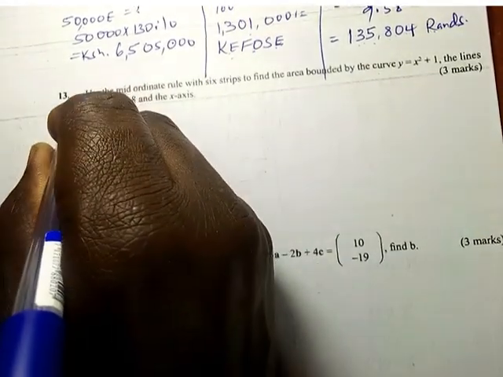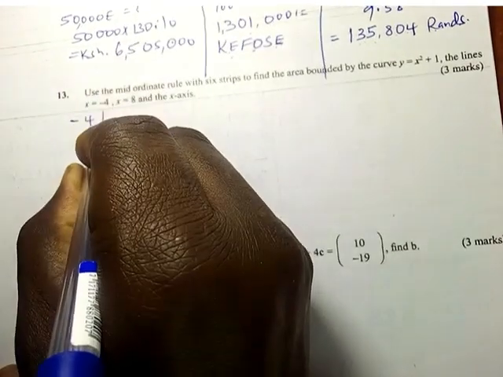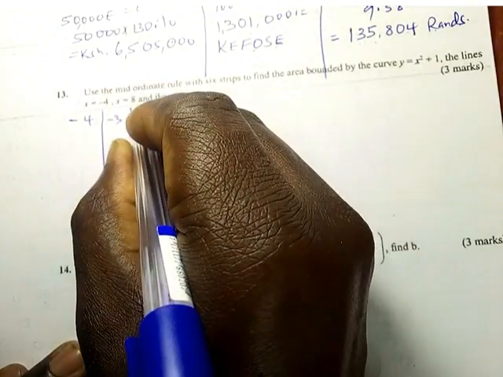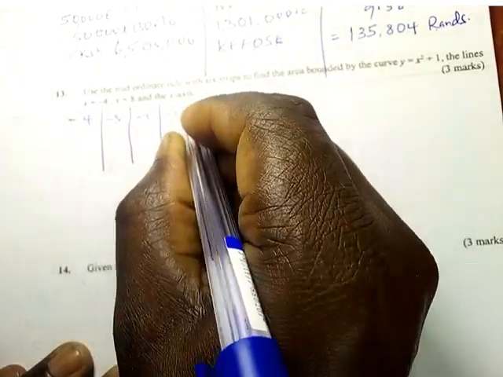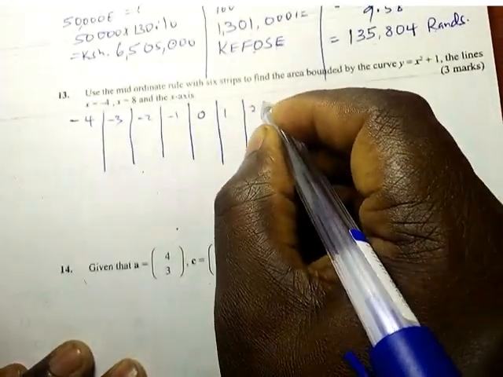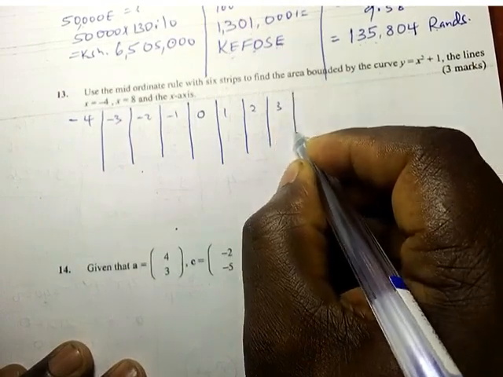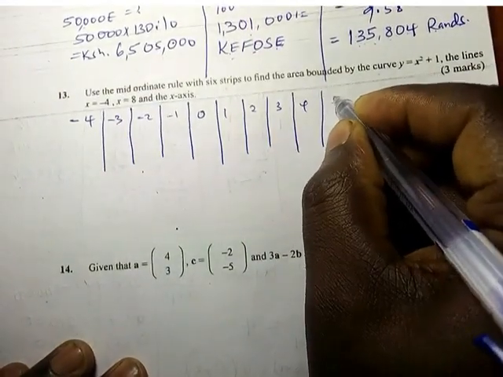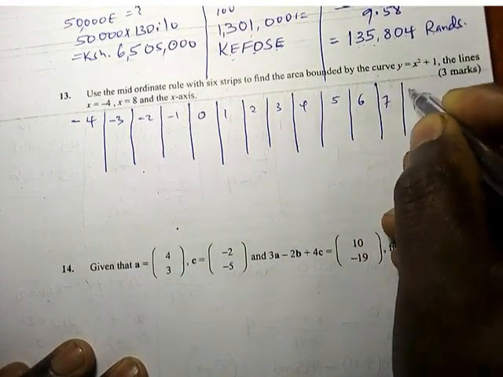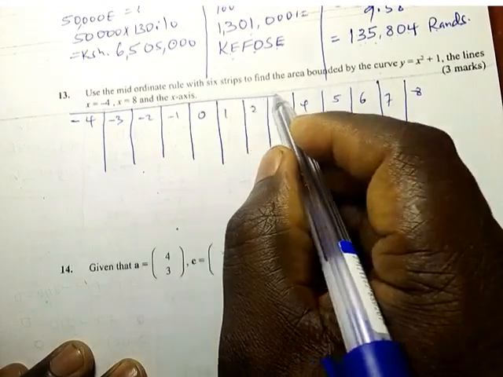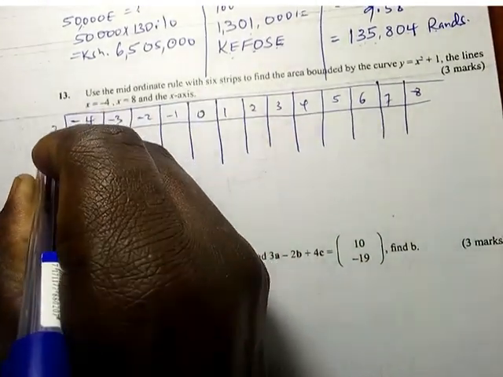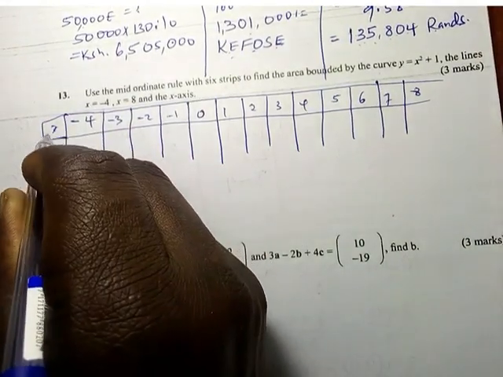So let us first write all of them: -4, -3, -2, -1, 0, 1, 2, 3, 4, 5, 6, 7, 8. These are the values of x.